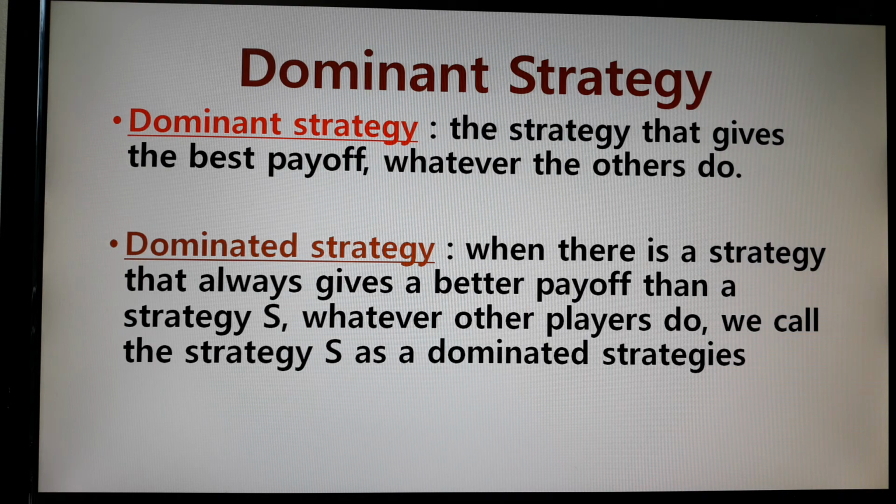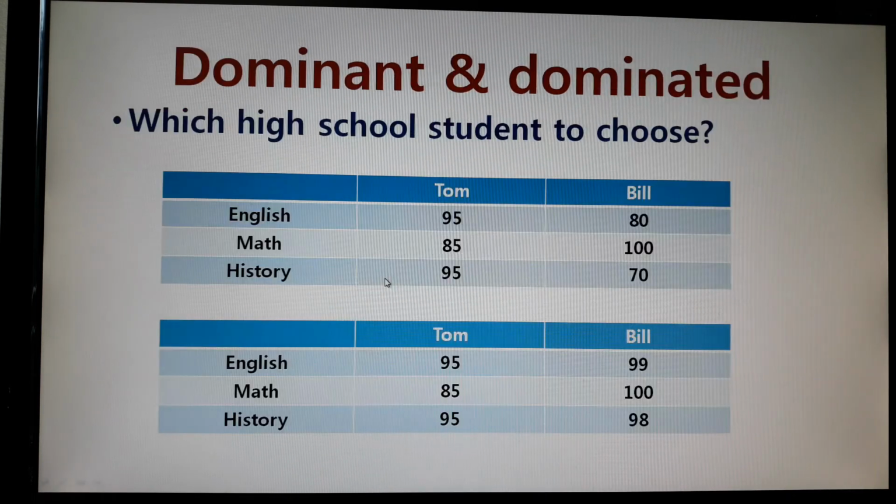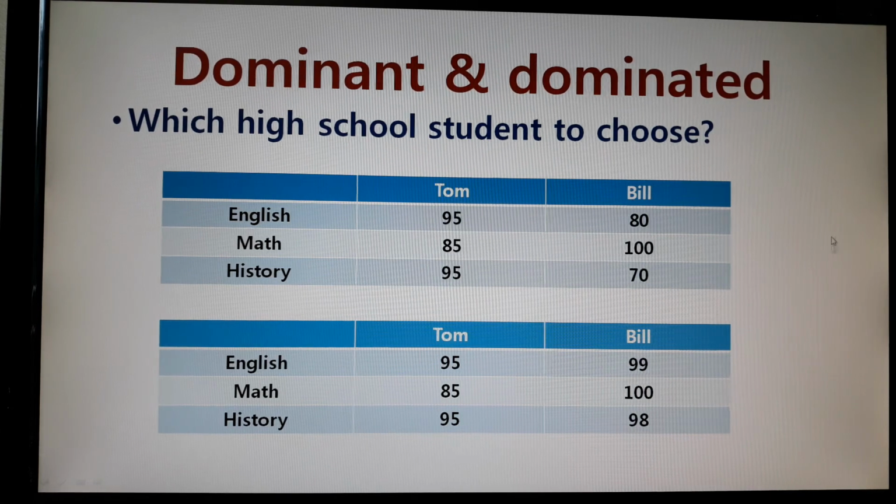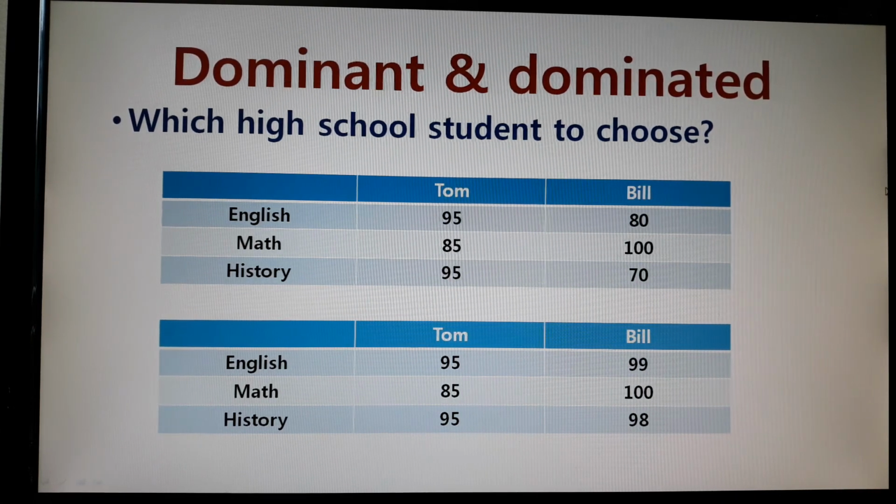Dominant: if you are a dominant student in your class, and your class is composed of 20 students, you should be better than all other 19 students in every subject. Sorry, what I mean, there's Tom and Bill and Jim and Kay, so many other people, 20 people.